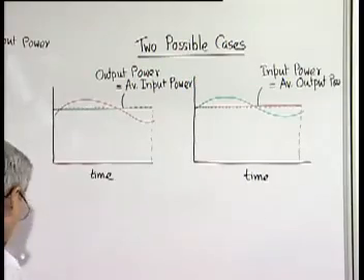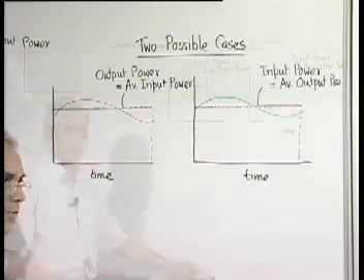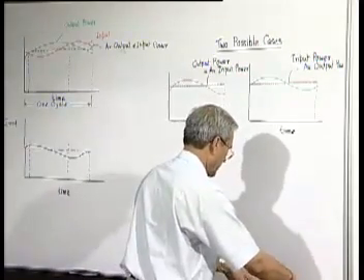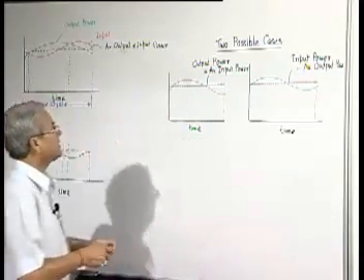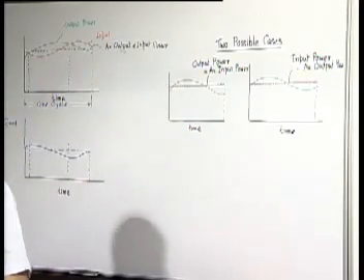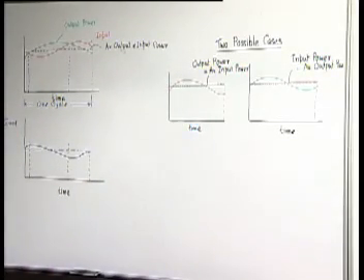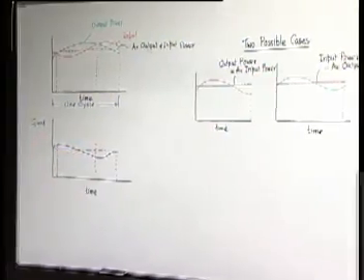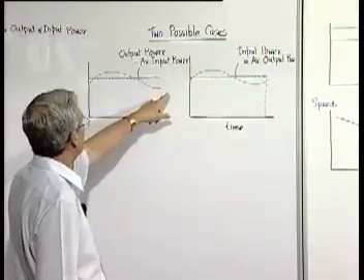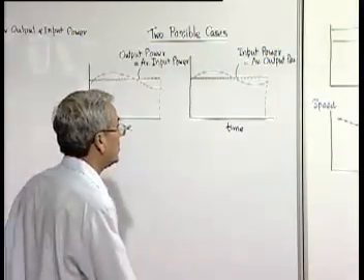So these are the two generally encountered situations in machine dynamics, where in one case the input power is fluctuating, output power or the load is constant, whose average value happens to be equal to the average of the input power, because otherwise the situation will not be steady.